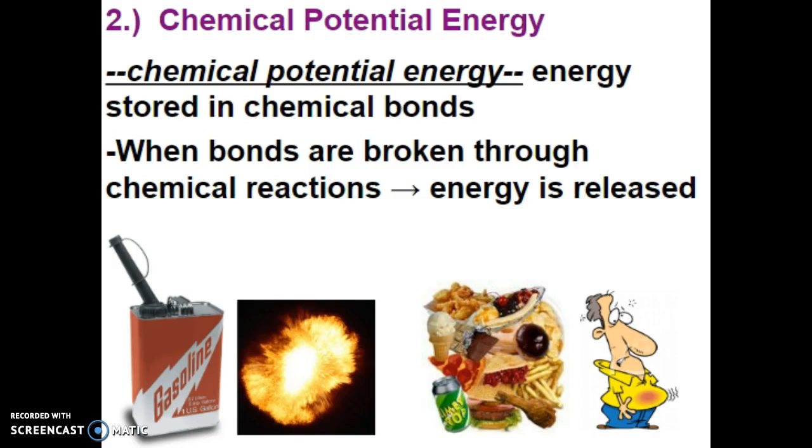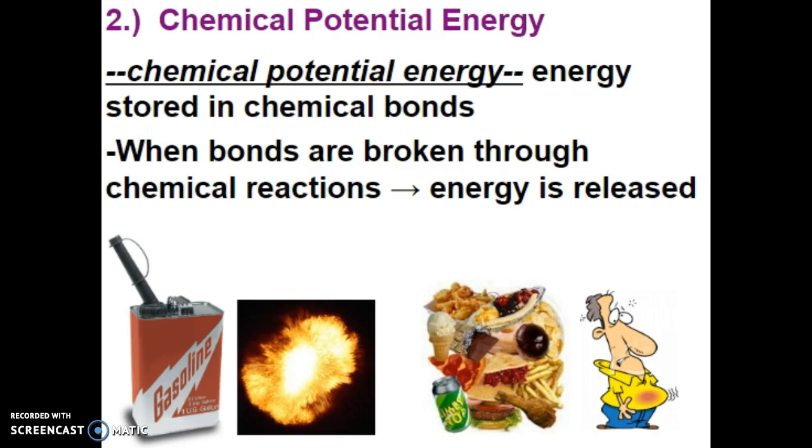Chemical potential energy. This is the type of energy that's stored in chemical bonds. When chemical bonds are formed, energy is absorbed, and when chemical bonds are broken through chemical reactions, then that energy is released. So we can take a look at inorganic chemical potential energy with unleaded gasoline.